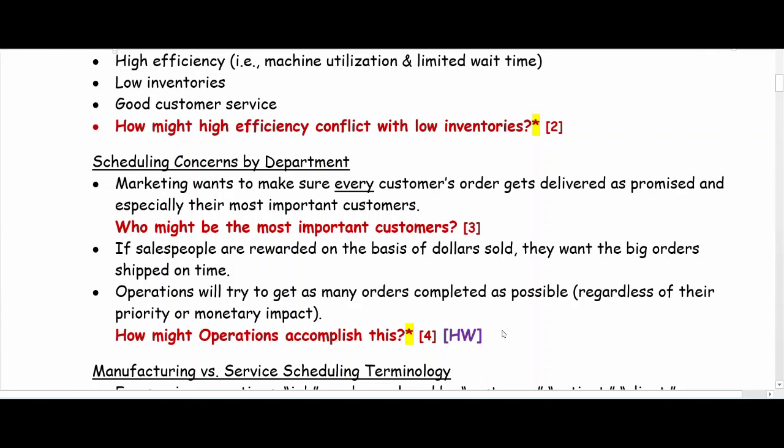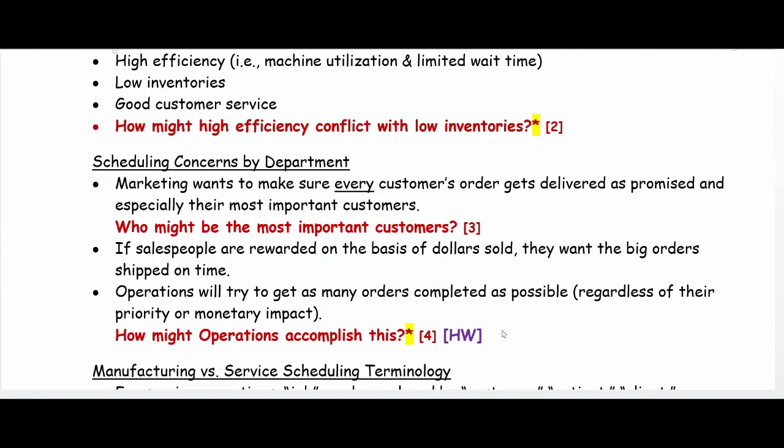Number 4, how might operations accomplish this? Operations will try to get as many orders completed as possible regardless of their priority or monetary impact. So if you had a number of assignments that were due in the next 4 weeks, and you were trying to get as many homework assignments done as possible, you would focus on the ones that were the easiest and the fastest to get done, even if they were not the most pressing.